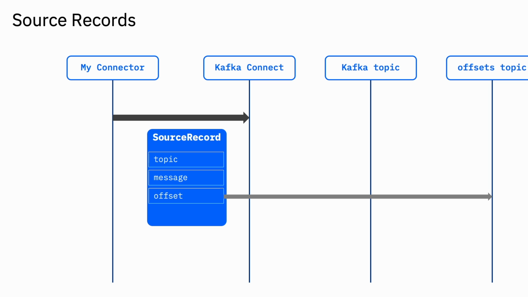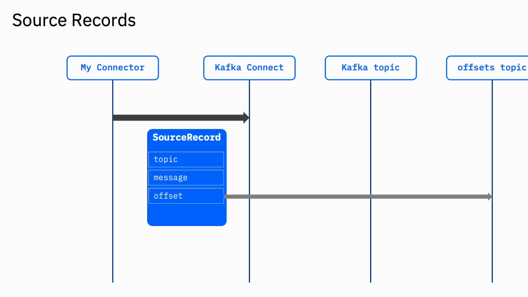Now, the offset, and this often gets mixed up, don't think of this as in a consumer offset that you might be used to. This is a bit different. An offset in a source record is a description of when in the history, in the timeline of whatever your external backend data source is, how do you describe where this event should fit? Where is it in that timeline?